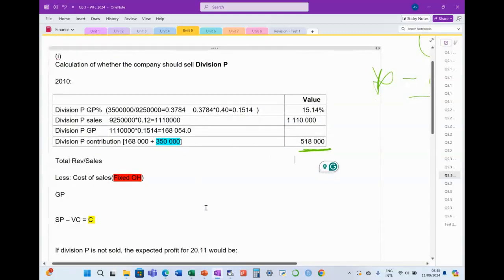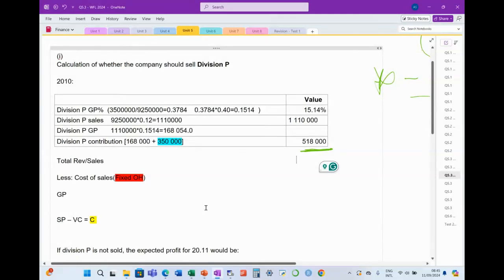Okay, so here again you can see I'm pretty much just explaining the same thing. Total revenue or sales less your cost of sales, which includes that fixed overhead, has given us our gross profit. And we know that contribution is your selling price minus your variable costs.